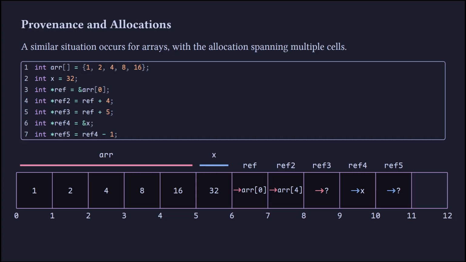A note on provenance is that there's a couple of different models that we use for it. The model we're teaching here is strict provenance, where every pointer has meaning and you can't just create a pointer to the same address and expect it to have the same provenance as a pointer that was created from that allocation.